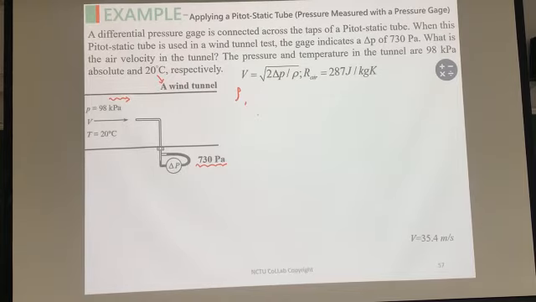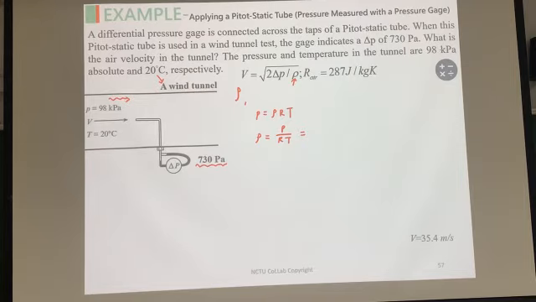So based on the ideal gas law, we know the governing equation is P is equal to rho RT. Okay, so the only unknown parameter is rho in here. So based on this equation, we can compute the rho for our medium, air. Okay, so the rho is actually equal to P divided by RT.